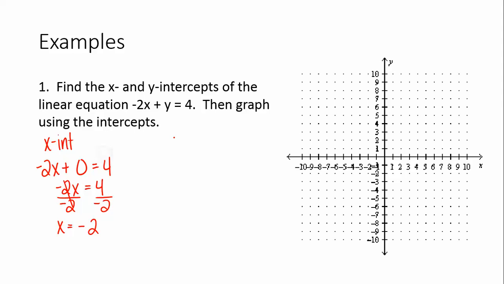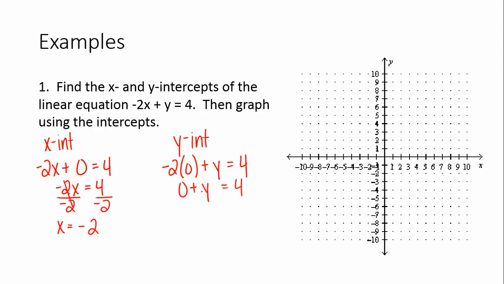We want to do the exact same thing for the y-intercept. Except remember, for the y-intercept, it's the x-coordinate of that ordered pair that's 0. So now we want to make the x 0. Notice I'm plugging in a 0 for x, and then we'll solve for y. Well, negative 2 times 0 is 0.